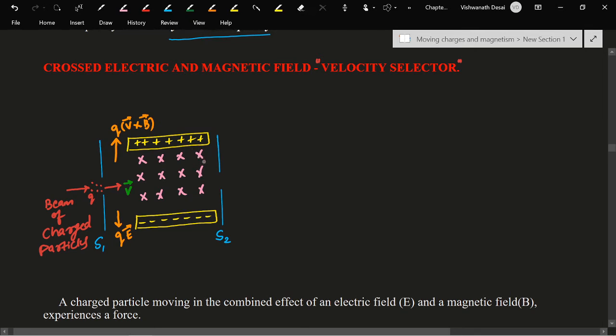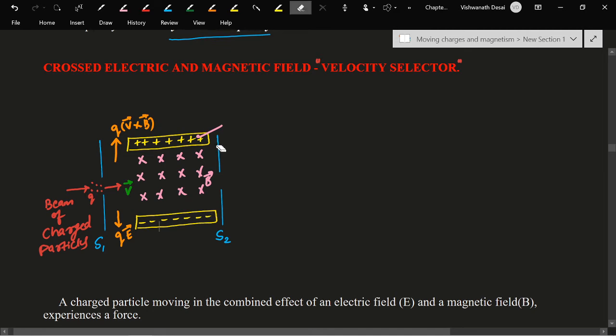So the magnetic field, I will write B. And the electric field also, you can see these are the plates, positive plate and negative plate, that also produce an electric field, and that electric field is from the positive plate to the negative plate, downward.